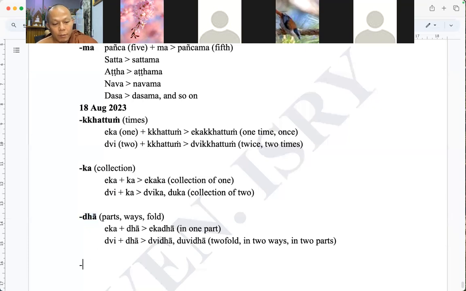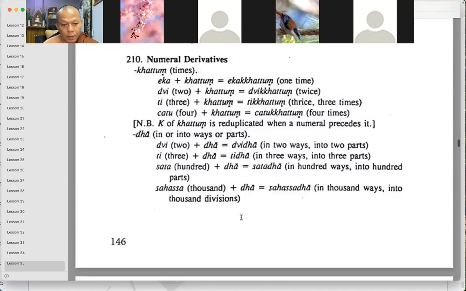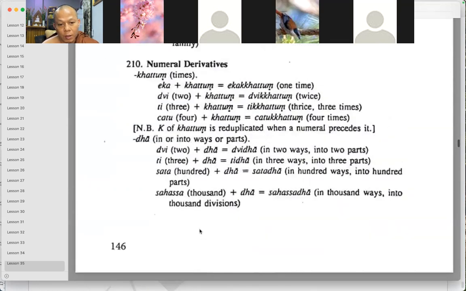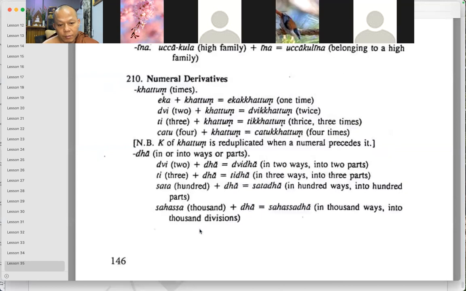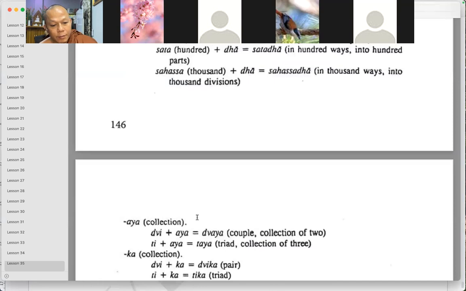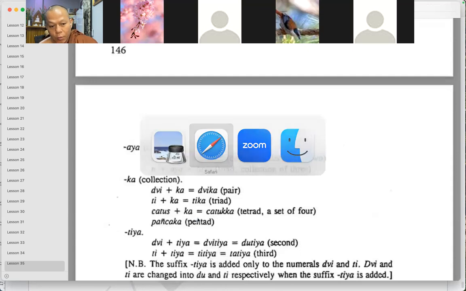And then the next suffix is so, sahasadha, satadha, sasadha, and so on. Some of them are skipped. And then ayo. That ayo is not so common.